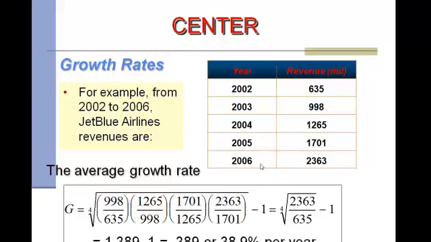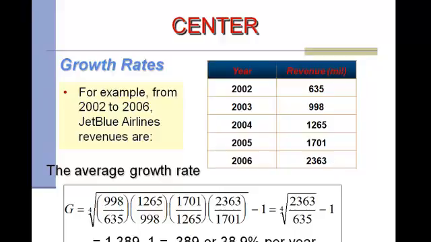Now, we did not calculate each individual growth rate here, or I didn't show that, but those would be very different from one year to the next. So the whole idea is to say, okay, if JetBlue during the year 2002 had revenue of $635 million, and every year their revenue increased at 38.9%, then for the year of 2006, their revenue would be $2,363 million.